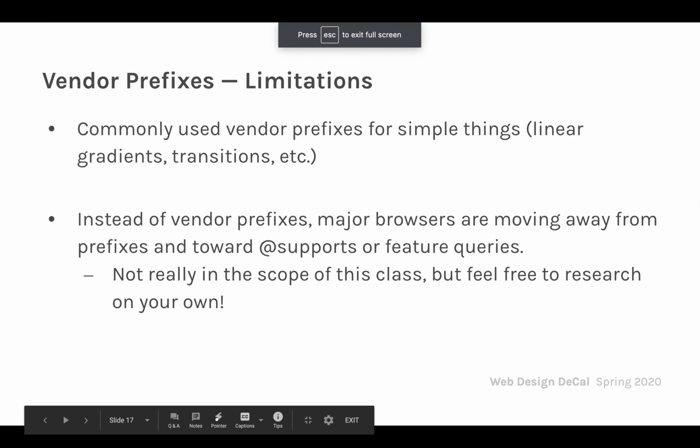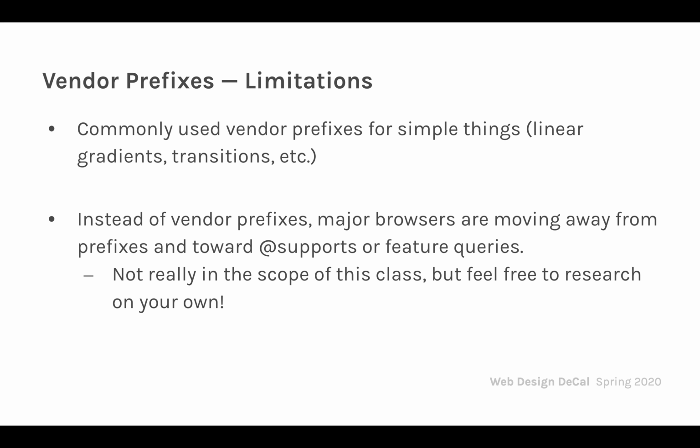Moving forward. So yeah, there are some limitations when it comes to vendor prefixes. Usually these are for simple things, like linear gradients, transitions, and, as we mentioned before, opacity, but there might be some more complicated things that you might not be able to standardize across different browser engines. Instead of vendor prefixes, a lot of major browsers are moving away from these things and actually towards @supports or feature queries.